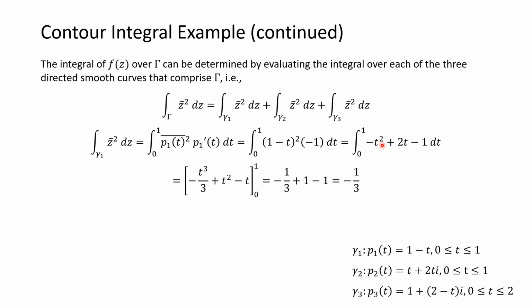We take the antiderivative and we get minus t cubed over 3 plus t squared minus t. Then we substitute 1 in. We get minus 1/3 plus 1 minus 1. And then we subtract 0 evaluated into here, but that's just 0. So we get minus 1/3, and the plus and minus 1 cancel, and we get minus 1/3.